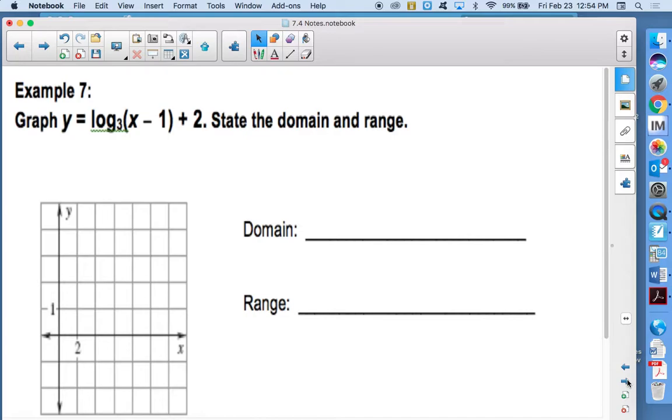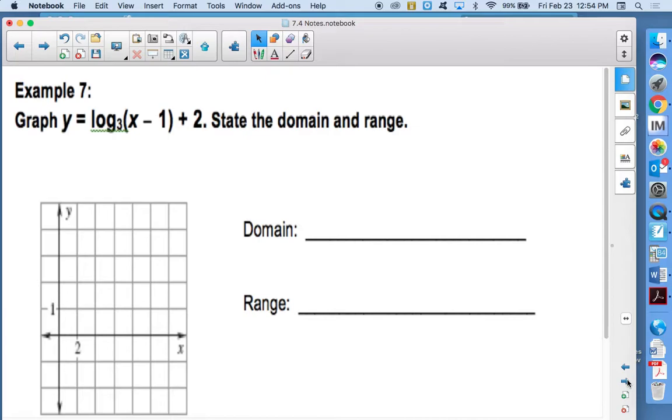I will. Keep your homework out. Just put it on the side of your desk. I'll get it then. What page are we on? Page 17.